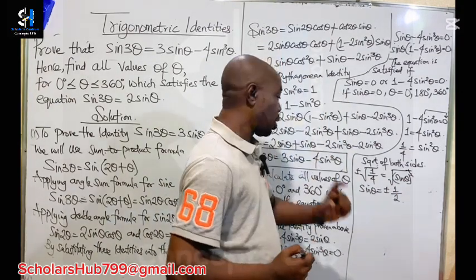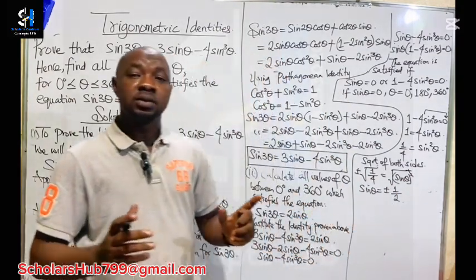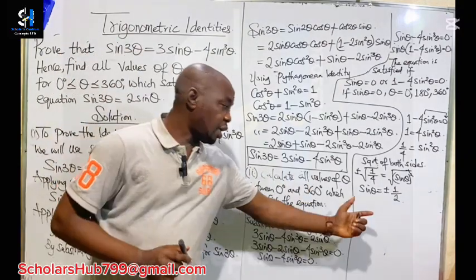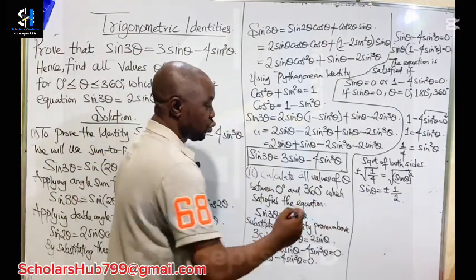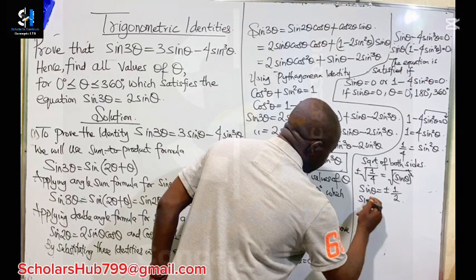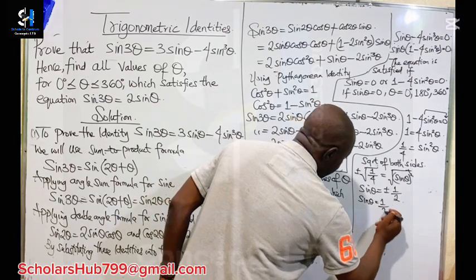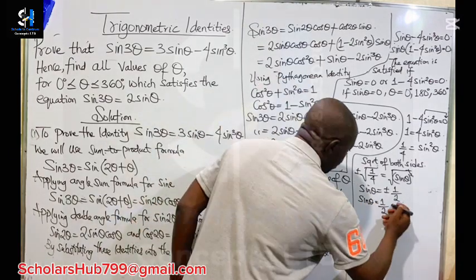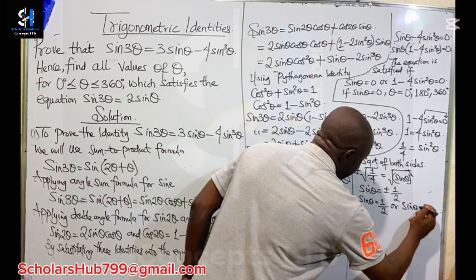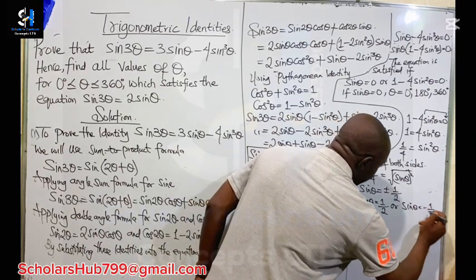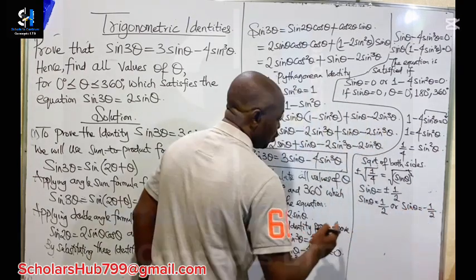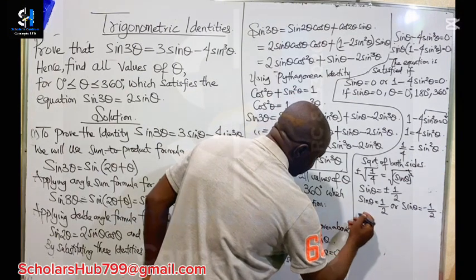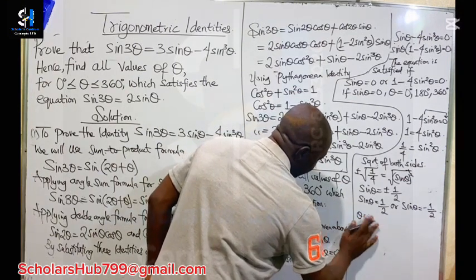So we're going to get some values of theta in this case. The first thing here is we know that sine theta equals plus 1 over 2, or sine theta equals minus 1 over 2.